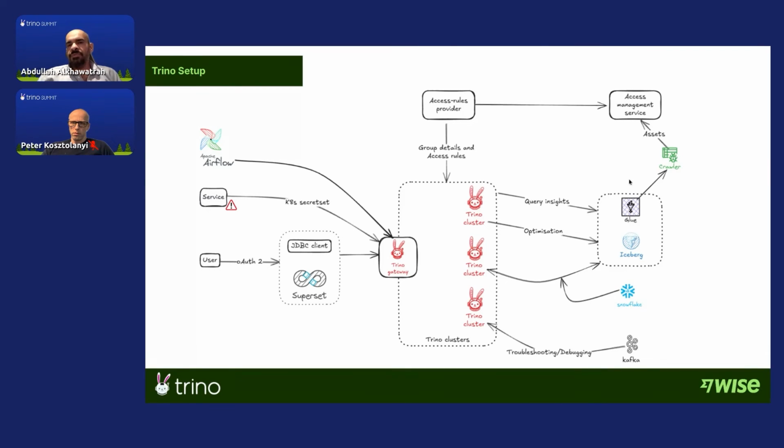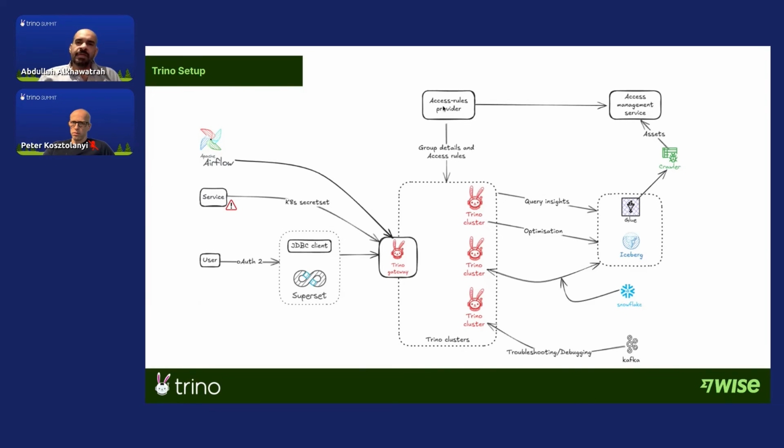There's also the requirement to integrate all of this with our security and privacy infrastructure. So basically, we need to keep using the same services for access management. We have a crawling service that periodically collects Iceberg table details from Glue and makes them available as assets in our access management service.